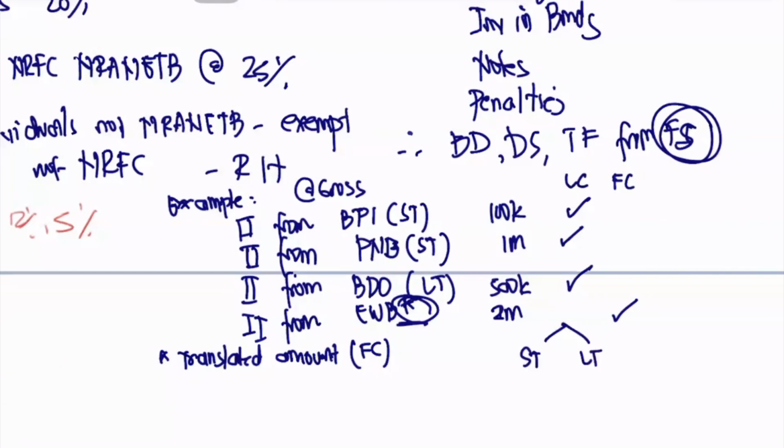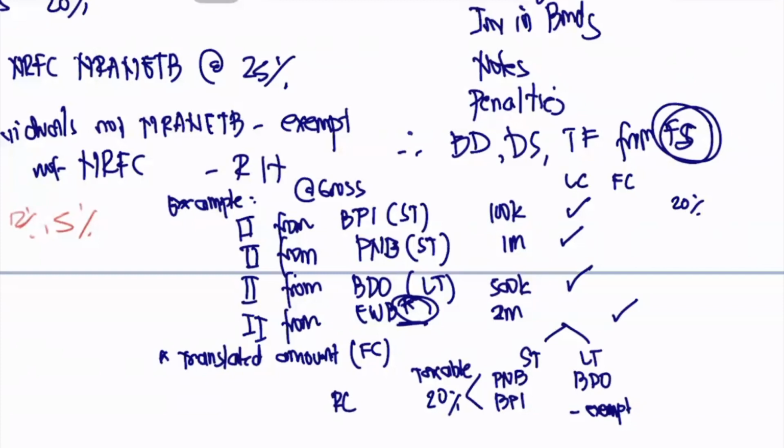So here, for BPI and PNB, it is short-term, while for BDO long-term. We said for BDO that will be exempt because it is long-term. Short-term, it is now taxable. So assuming it is a resident citizen, the tax here is 20%. So 20%, 20%, this one is exempt.